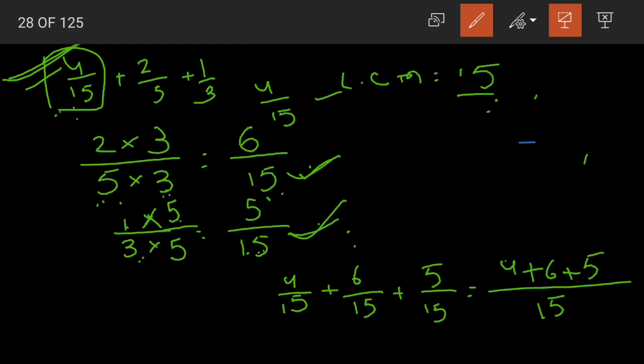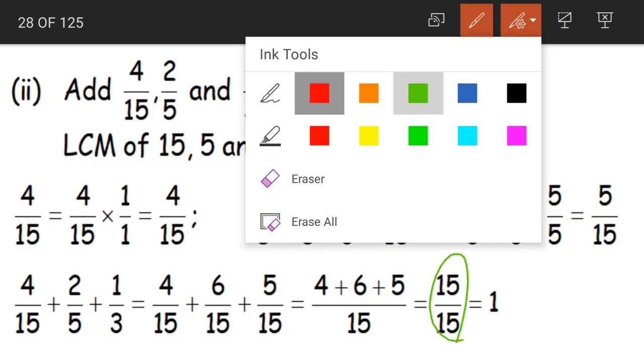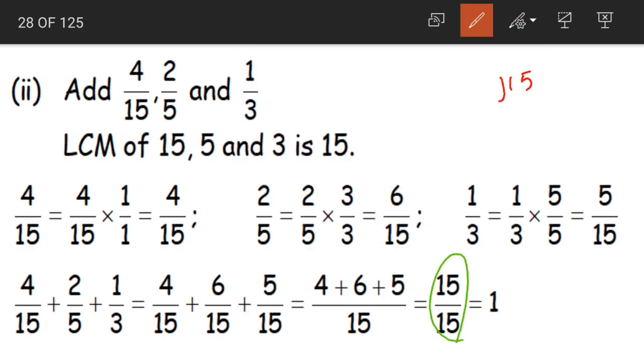Now what is the sum of the numerators? 4 plus 6 is 10, 10 plus 5 is 15, divided by 15. Now we are having 15 divided by 15. If we divide a number by itself, what will be the quotient? 15 ones are 15 and the remainder is 0.